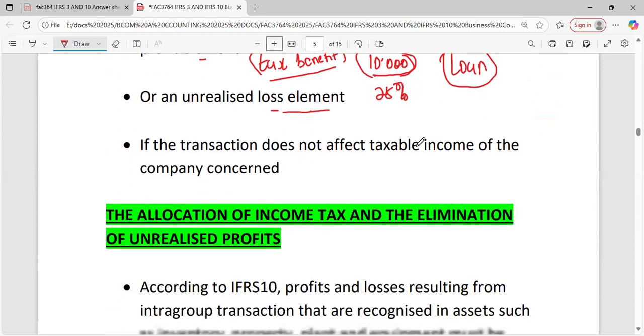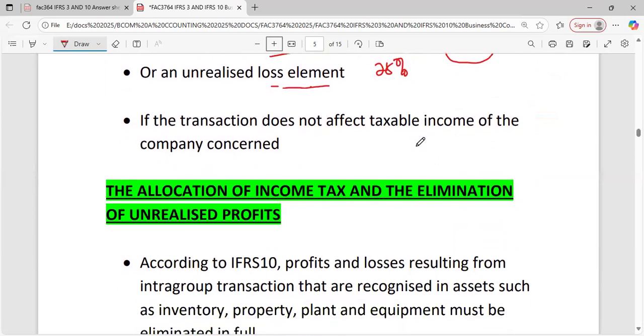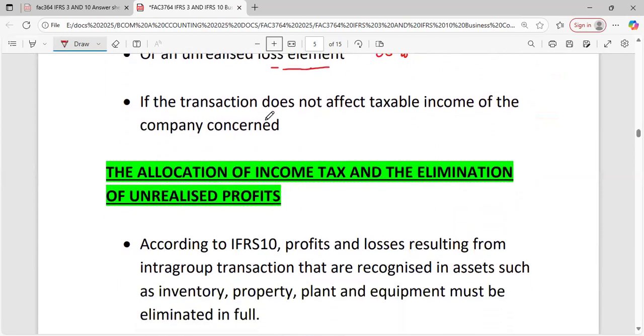Right, then I want us to look at the allocation of income tax and the elimination of unrealized profit. I think this is the most important part that you guys need to understand. According to the acquisition method, all the unrealized profit is going to be eliminated in full.